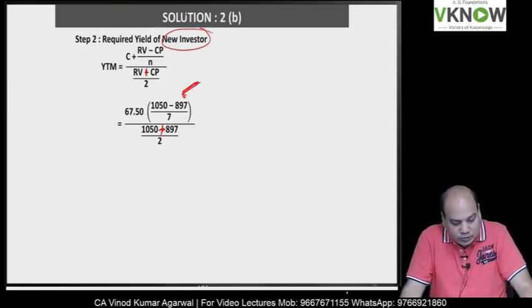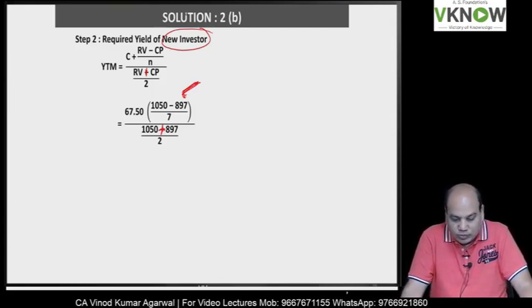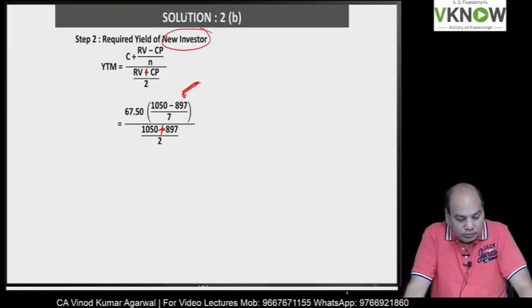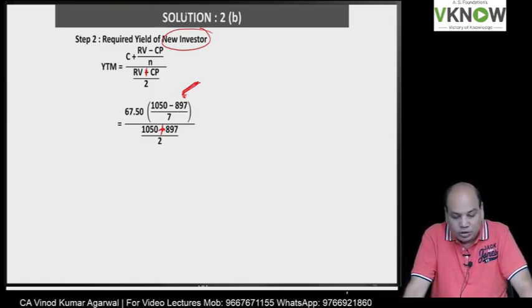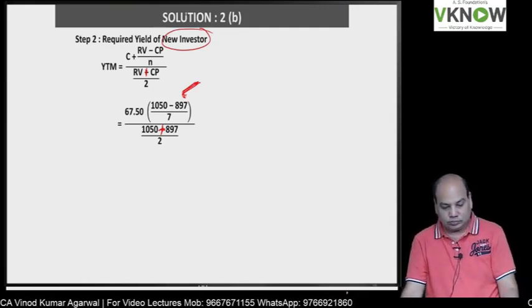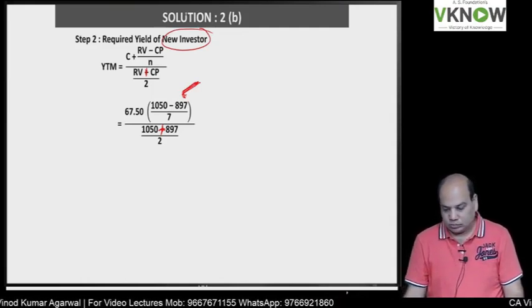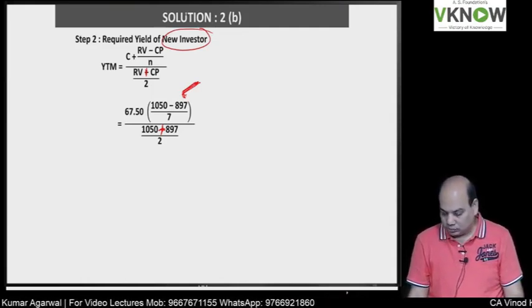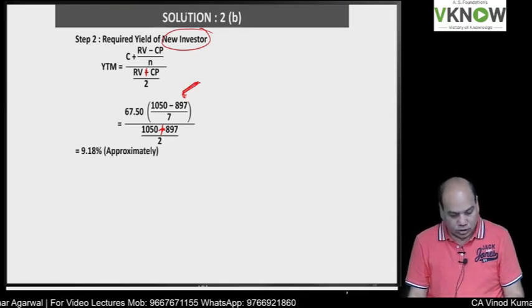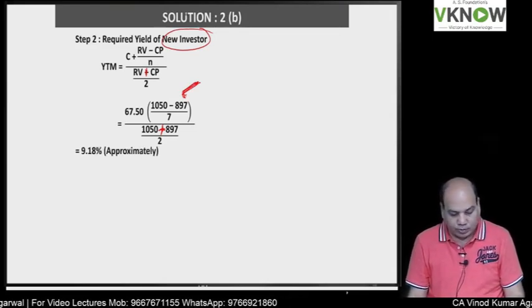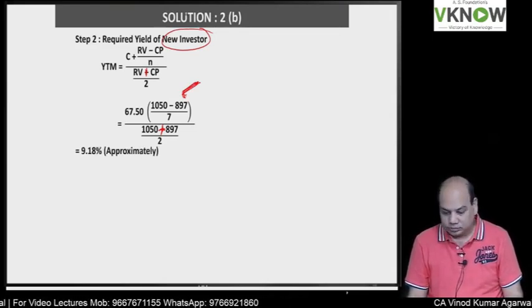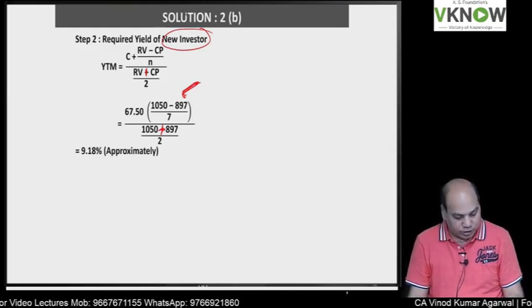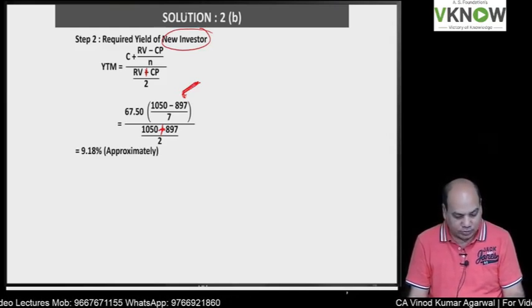Rishabh, please reply. Mehul, please reply. Anybody got the answer for this? So the answer is 9.18%. Approximately write down, 9.18% approximately.